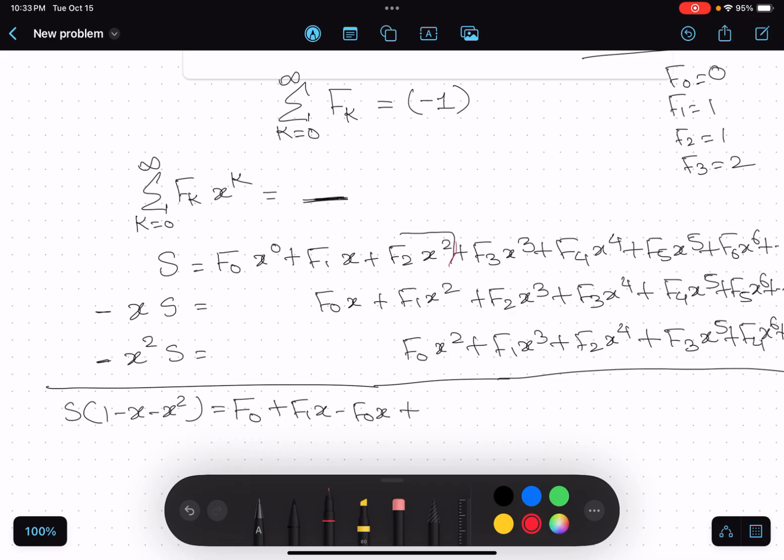For this one, what happened was basically we will have x squared times (f_2 minus f_1 minus f_0), right? But you know that f_1 plus f_0 is just f_2. So f_2 minus f_2, this is x squared times 0, which is 0, right? So that's why this term collapses. That will just go to 0.